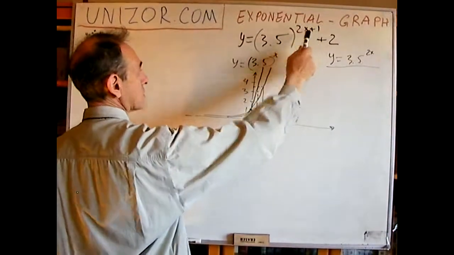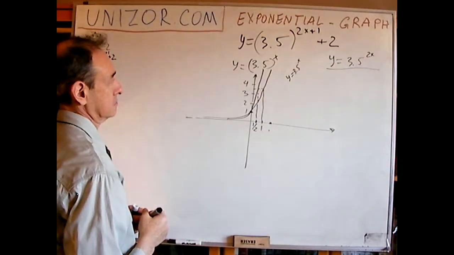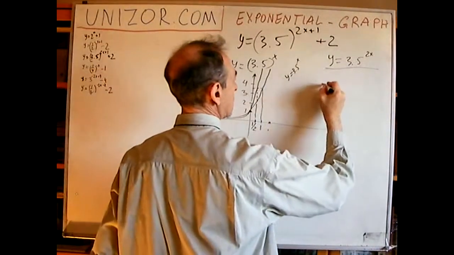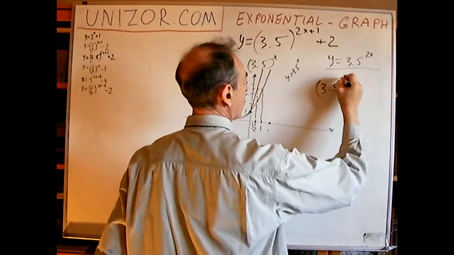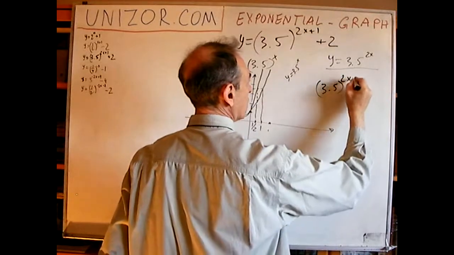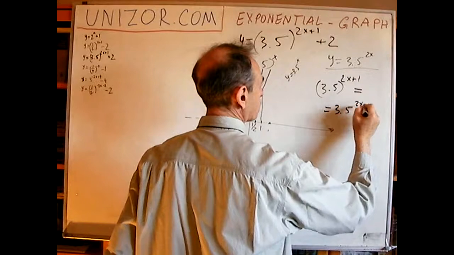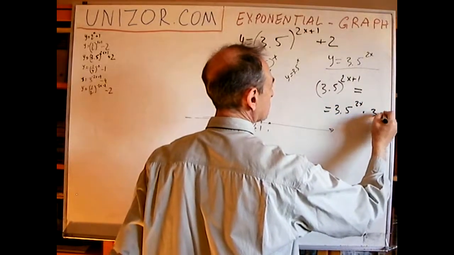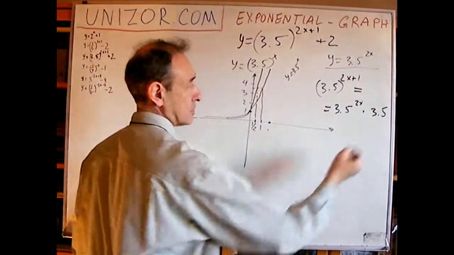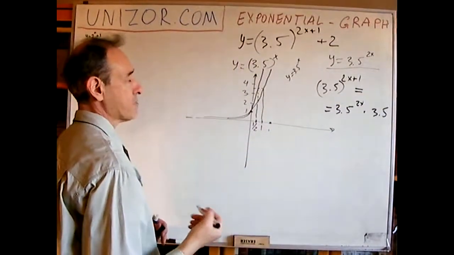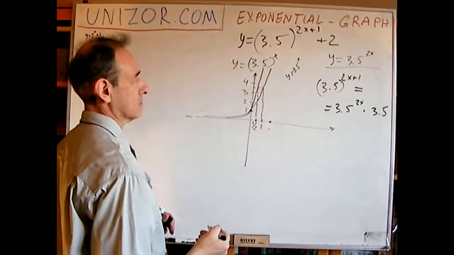Now I have this. Well, I can do it in two different ways. I can always represent 3.5 to the power of 2x plus 1 as 3.5 to the power of 2x times 3.5 to the power of 1, because the exponents are added together, right?